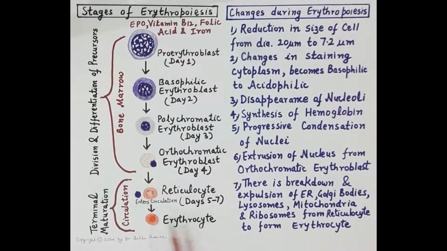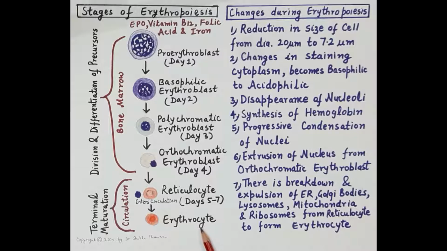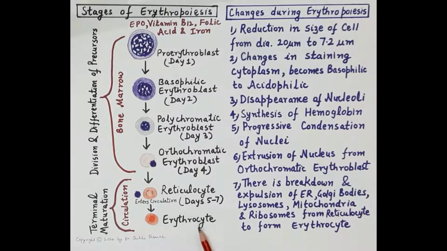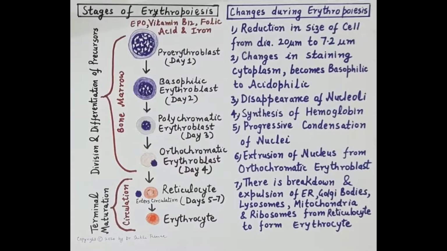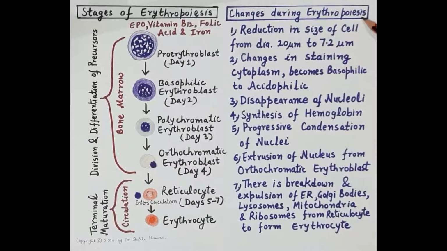5 days are required for the division and differentiation of erythrocyte precursors, whereas the last 2 days, that is 5 to 7 days, are required for the terminal maturation of reticulocyte into the erythrocyte. Now, let's revise the changes which have taken place during erythropoiesis, as we have already discussed.